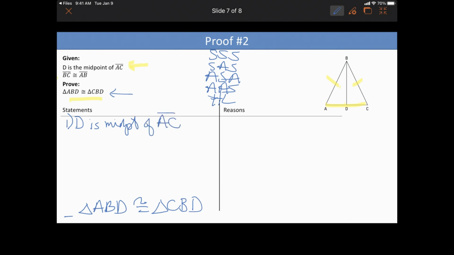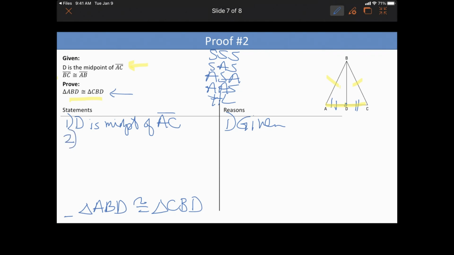Now, does this tell me that it's congruent? No. But does it help me get something to be congruent? Yes. So if D is a midpoint of AC, what do I know? Well, if this is a midpoint, then I know that this equals this, right? The midpoint divides the segment into two equal parts.